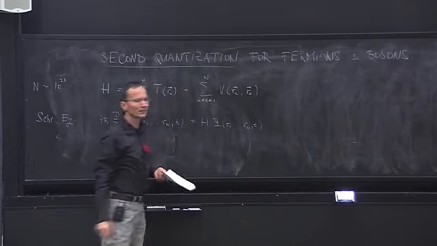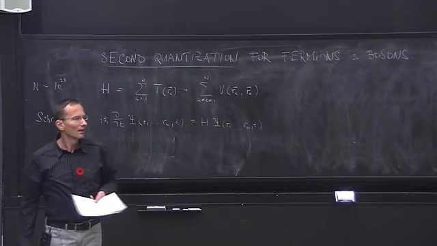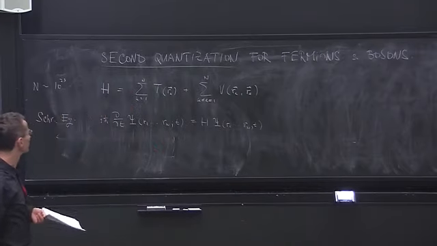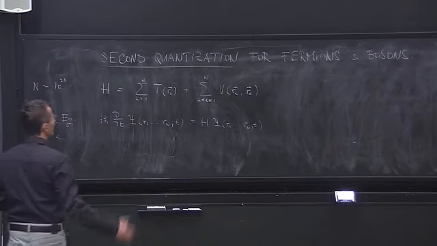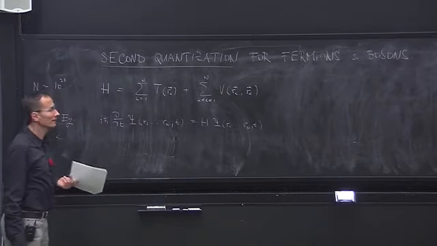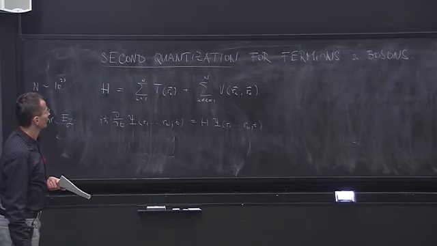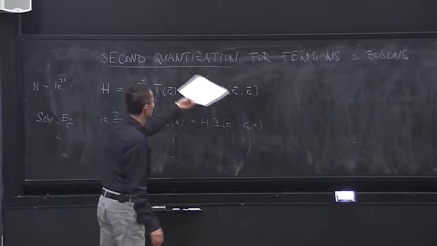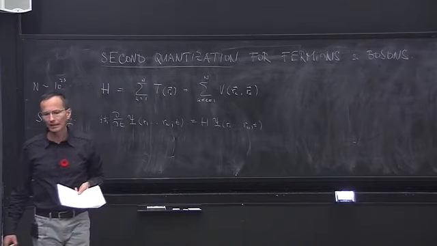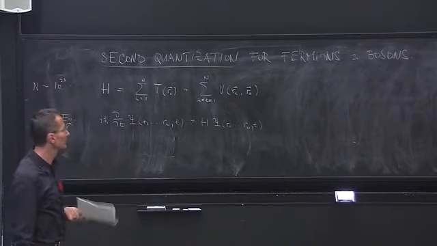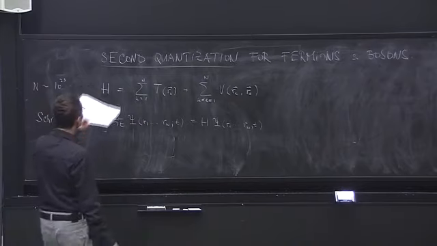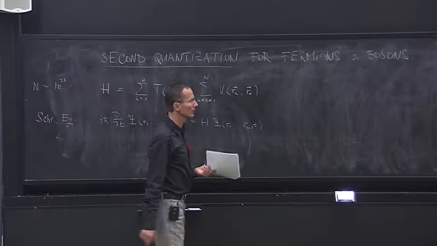And this is a kind of very deep development that one can credit to people like Jordan and Wigner and Fock back in the early days of quantum mechanics. It is basically a transformation on this Hamiltonian into the so-called occupation space basis. And second quantization is kind of a misnomer.